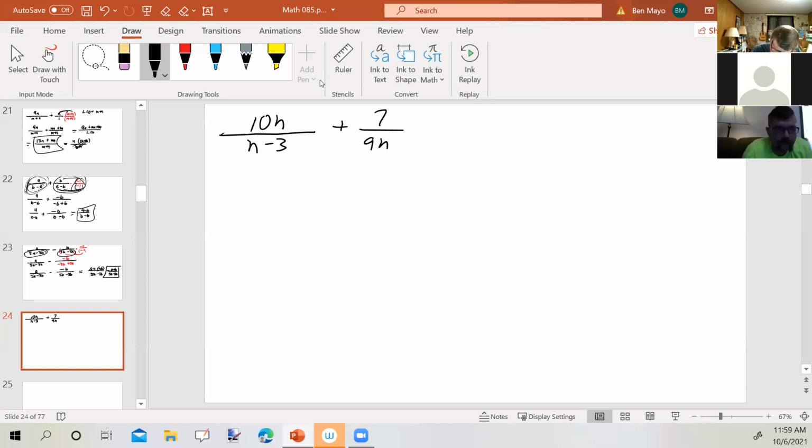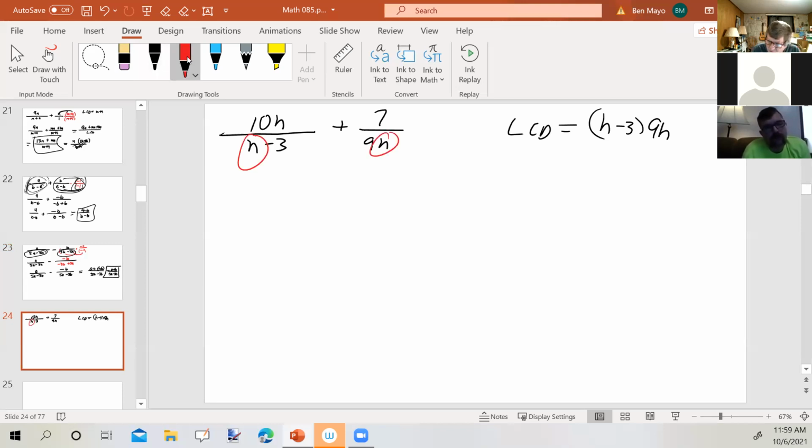Okay. My LCD is going to be h minus 3 times 9 and times h. Because again, this h is not a factor in itself. So this h is a factor. So you've got 9 and h minus 3.